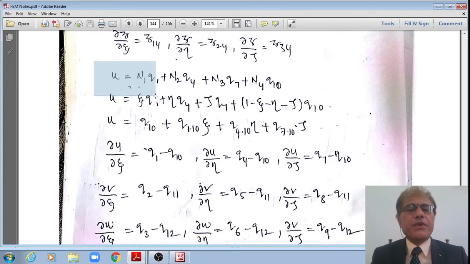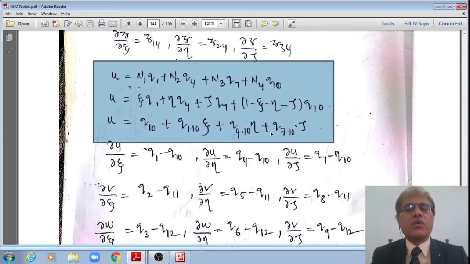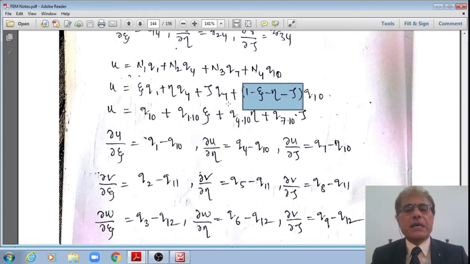Then we know that u is equal to N1 q1 plus N2 q4 plus N3 q7 plus N4 q10. Now I'll substitute N1 is equal to xi, N2 is equal to eta, N3 is equal to zeta, and N4 is equal to 1 minus xi minus eta minus zeta.